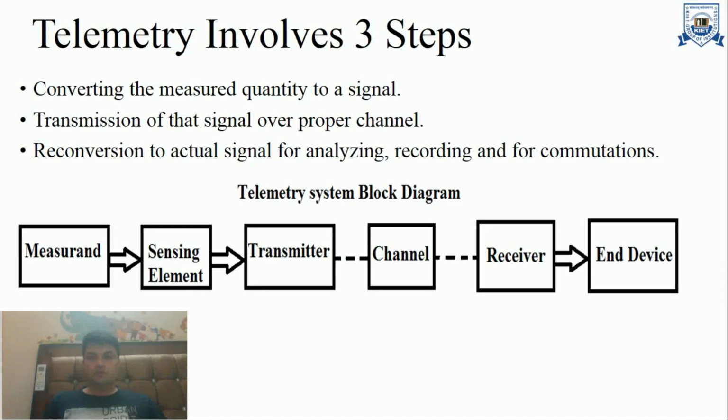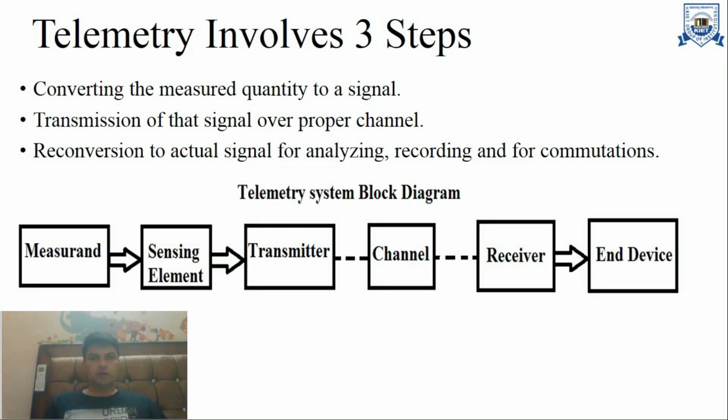Here are the steps involved in telemetry systems. First, converting the measured quantity to a signal. Here the measured quantity may be temperature, pressure, flow, current, humidity or any other signal.